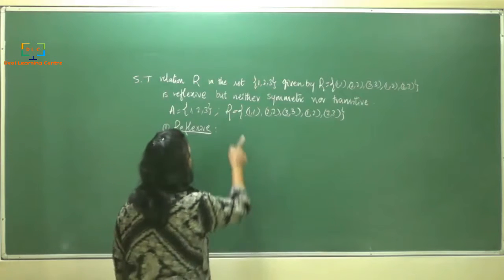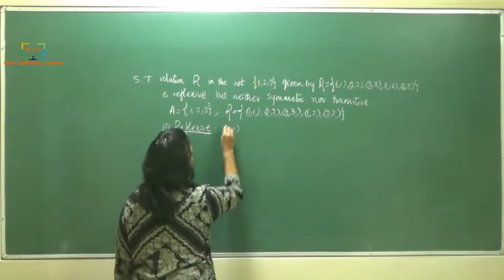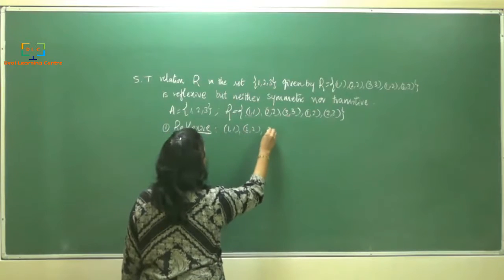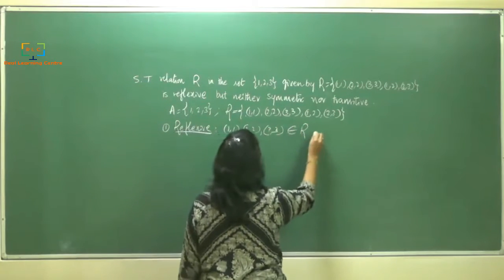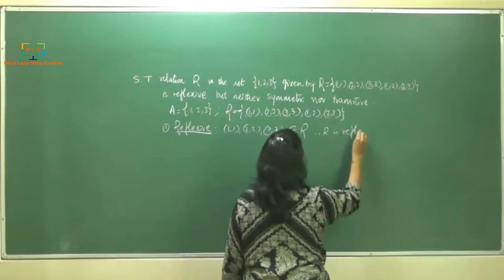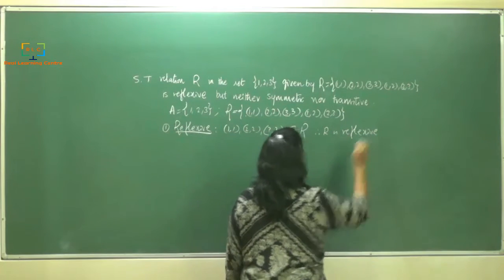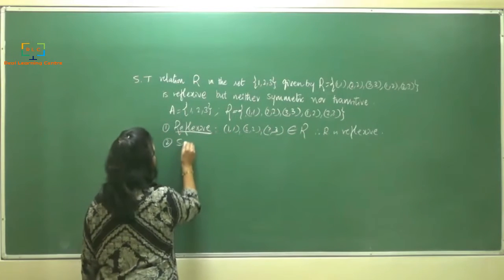Do I have? See, I have (1,1), (2,2), (3,3). All these belong to the relation R. Therefore, R is reflexive.